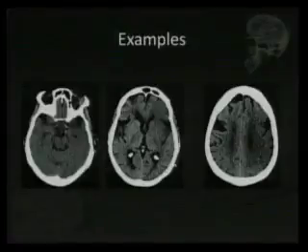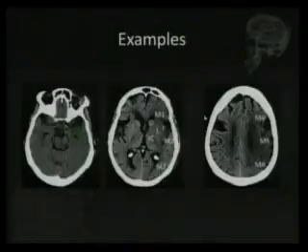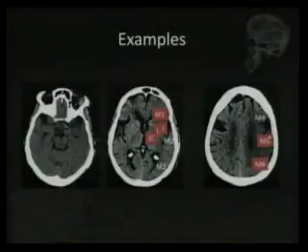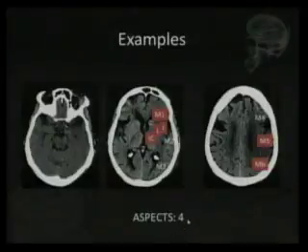M3 is the same as the contralateral side. And then above, M4, already dark. M5, already dark. M6, already dark. So these are the 10 regions. All these already have changes. So this gives an ASPECTS of 4.